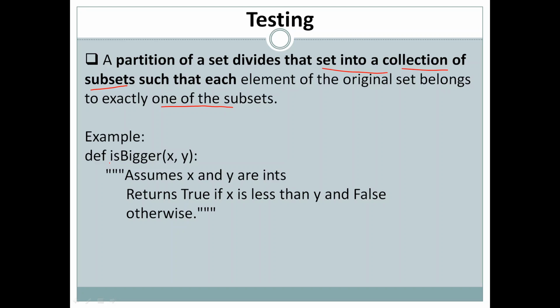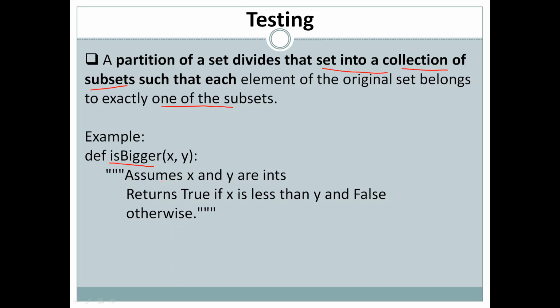We have a function is bigger, and it is taking two values. As the name says, is bigger simply returns true if x is larger than y and false otherwise.